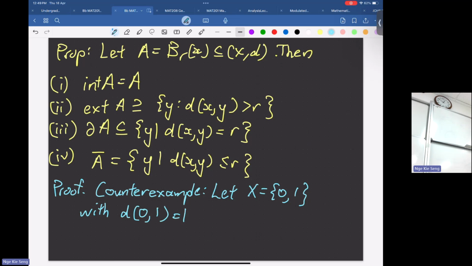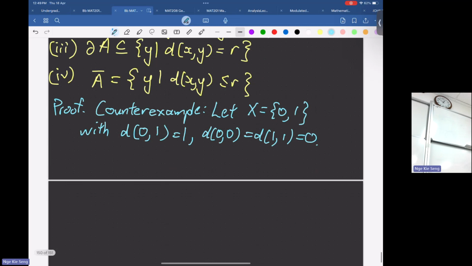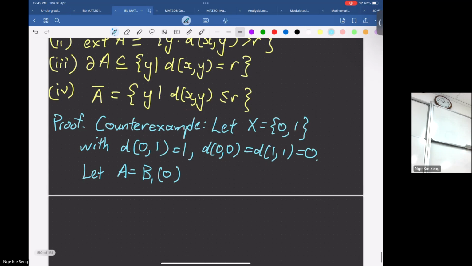So this implies d(1,0) is 1, and d(0,0) and d(1,1) are 0. So what do we consider here? Let A equal the ball of radius 1 around 0. What does this ball contain? This ball contains just 0.